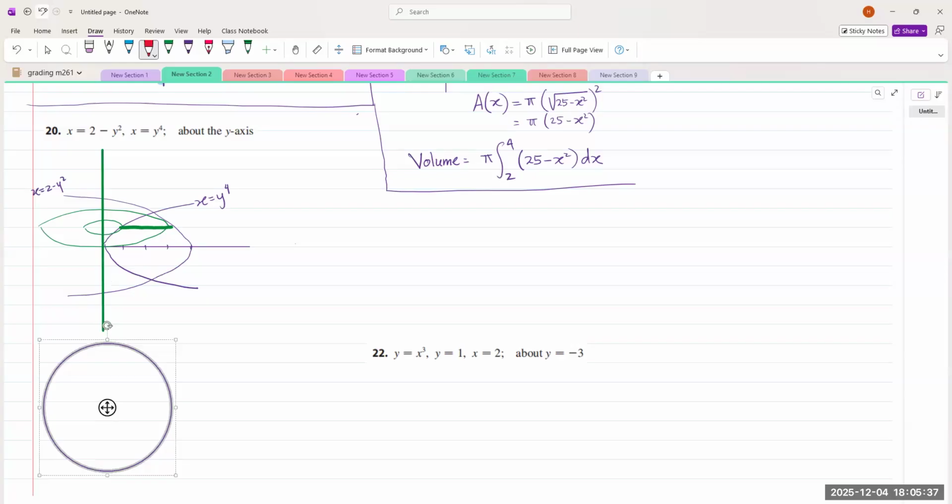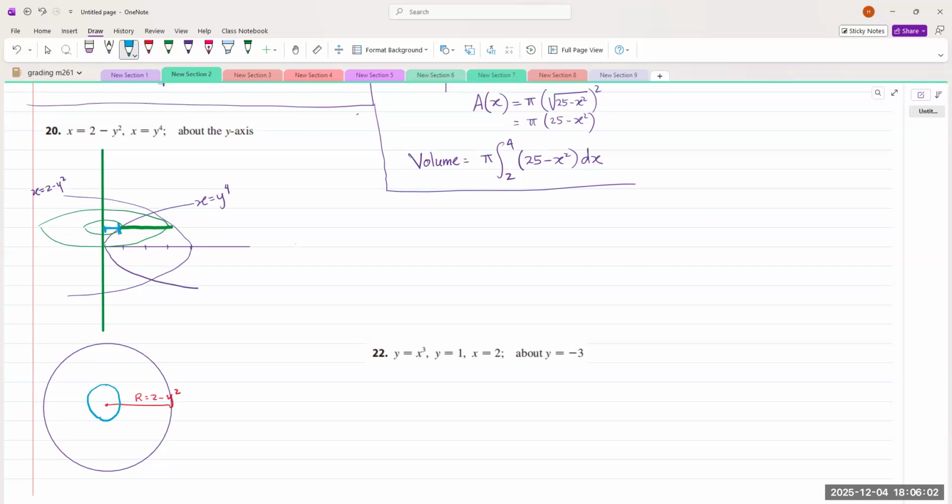So the radius is, the big radius is 2 minus y squared, while the small radius, this one here, has radius of x equals to y fourth.